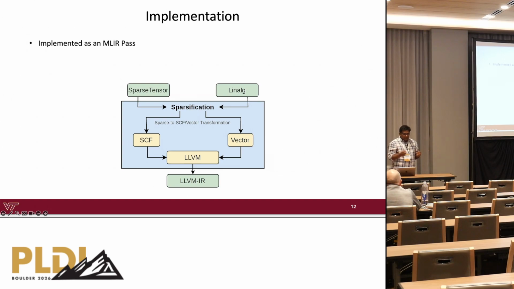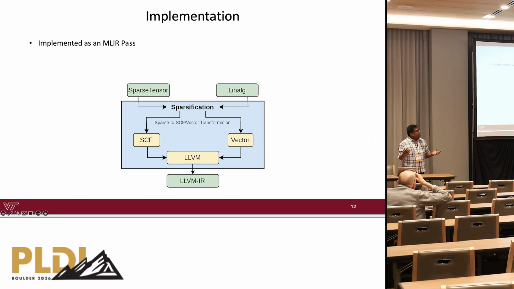You might already know that we have a sparse tensor dialect, and there's a very modular compiler called the sparsification compiler, which takes sparse tensor programs written with both the sparse tensor dialect and the linear algebra dialect. The loops in the sparse tensor dialect, if they are fully sparse loops or coiteration loops, get lowered to structured control flow loops.